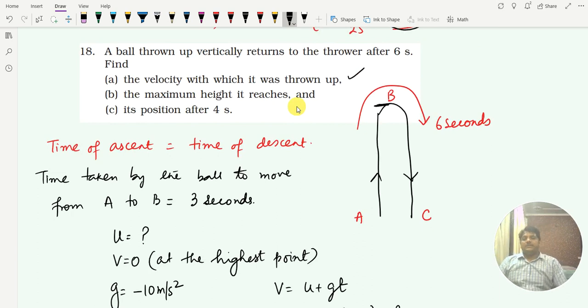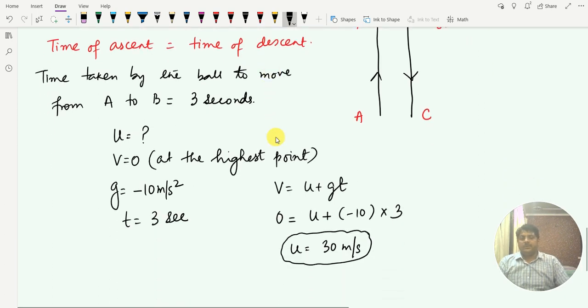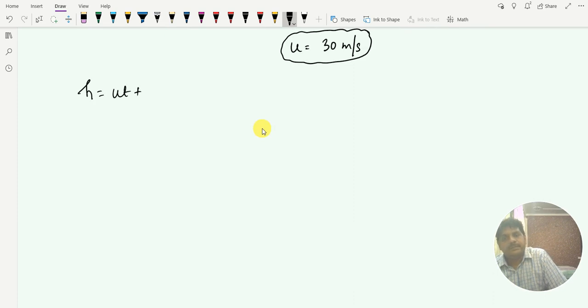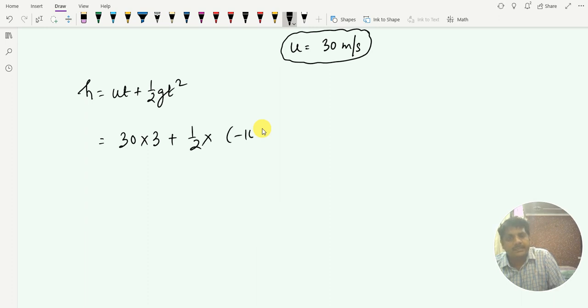Now the question is, calculate the maximum height it reaches. So we can use the formula h is equal to ut plus half gt square. So u is 30, time is 3, plus half into minus 10 into t square, 3 square.